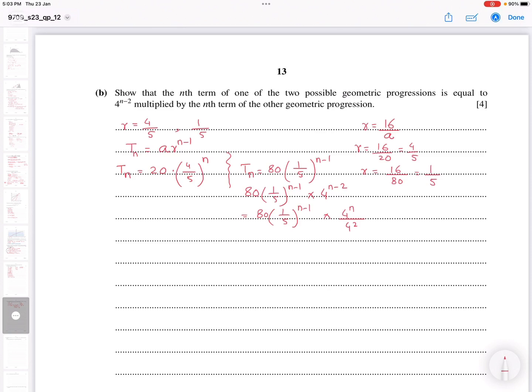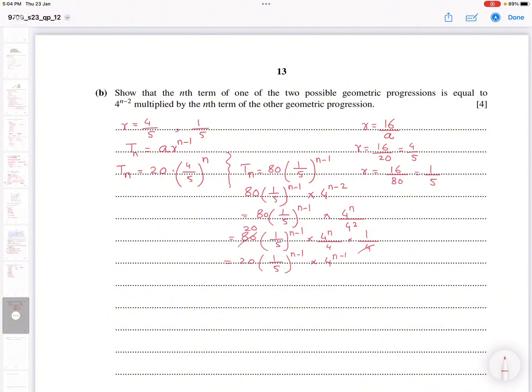So now can I write 80 times 1 over 5 power n minus 1 times 4 power n over 4 square. This 4 square will simplify 80 by 20, so it becomes 20 times 1 over 5 whole power n minus 1 times 4 power n minus 1.